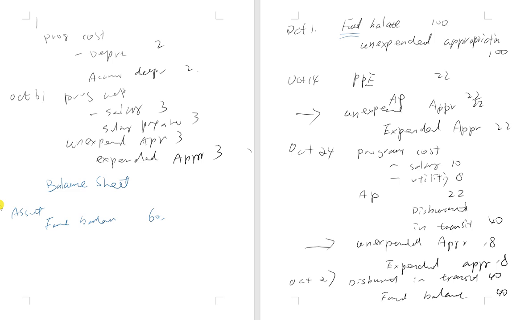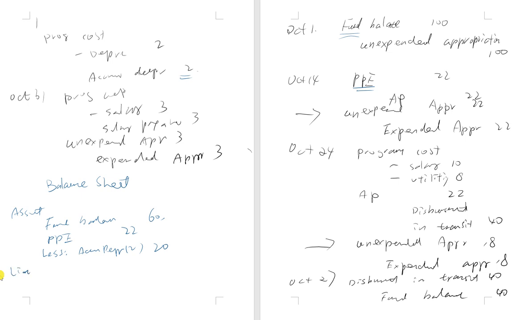We purchased the PP&E assets, right? That's 22. But remember, we also did a depreciation right here. That's accumulated depreciation. So we're going to deduct that, less the accumulated depreciation, $2. So for the PP&E assets, we should have net 20. So the total assets, we should have 80.